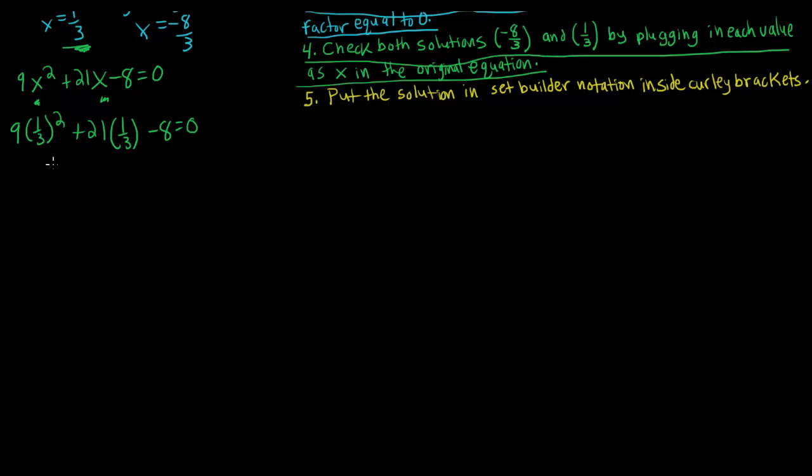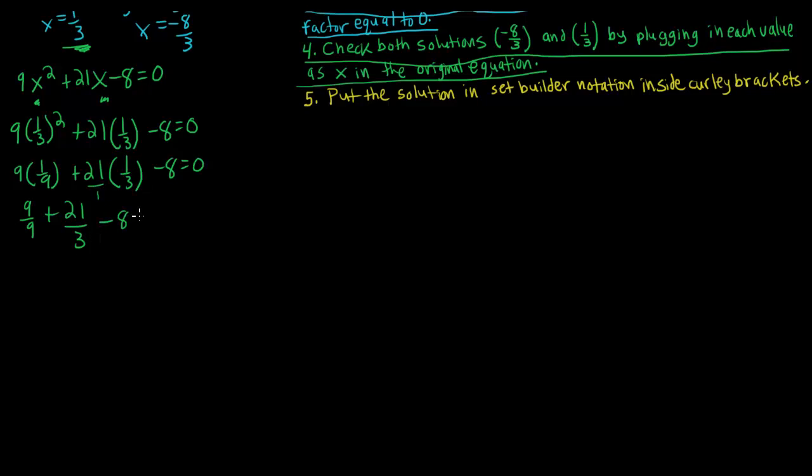So 1/3 squared is 1/3 times 1/3, which is 1/9, plus 21 times 1/3 minus 8 equals 0. Now if we multiply 9 times 1/9, we get 9/9. And then 21 times 1/3 is 21/3.